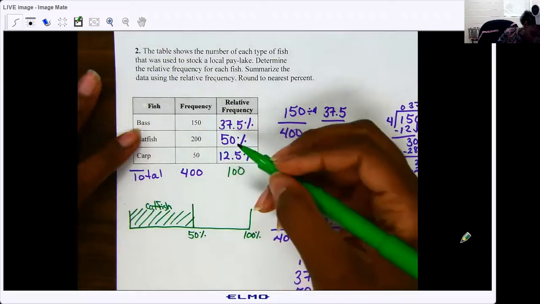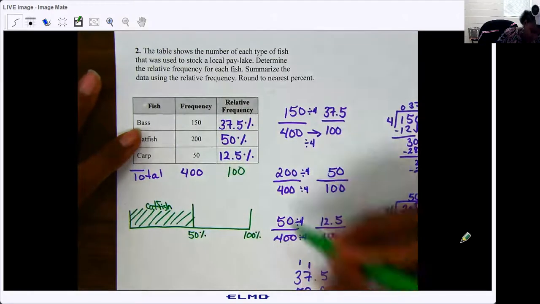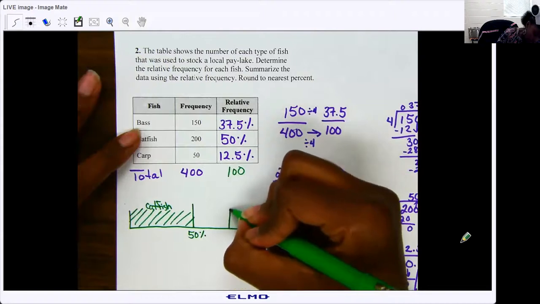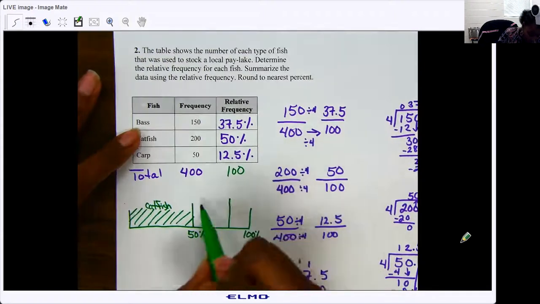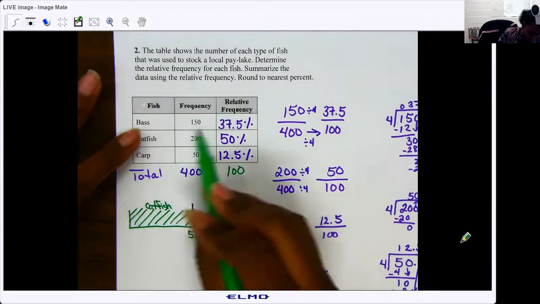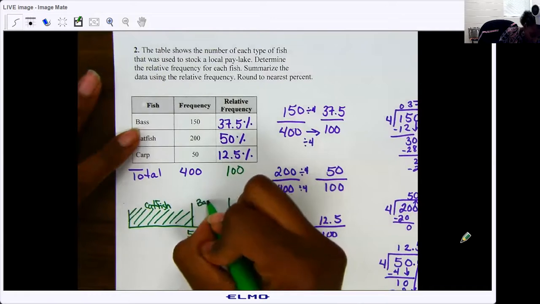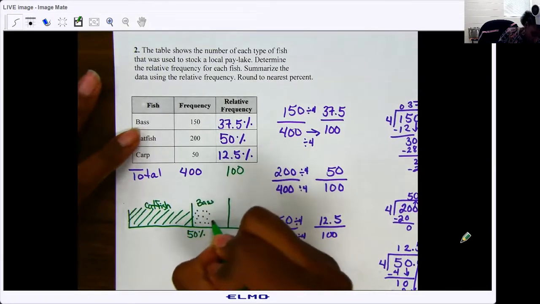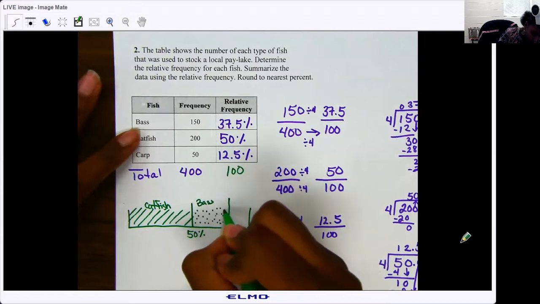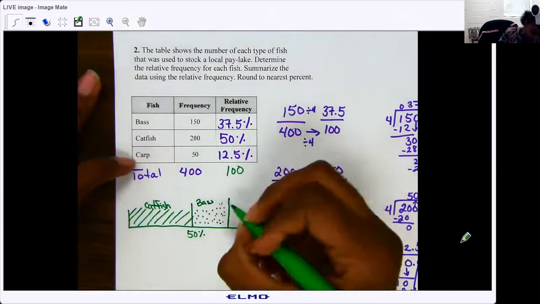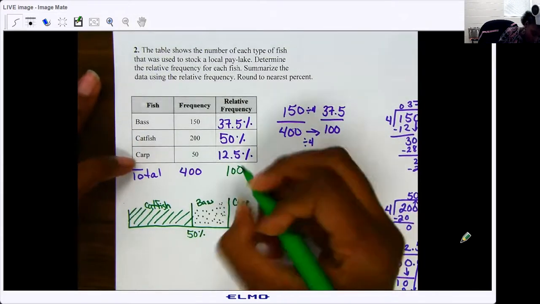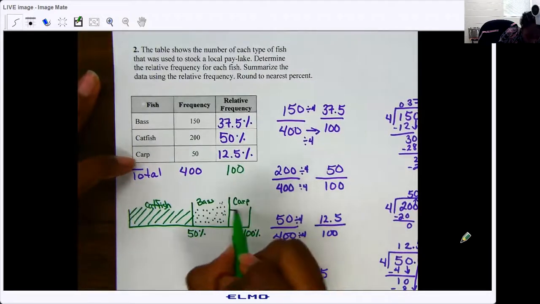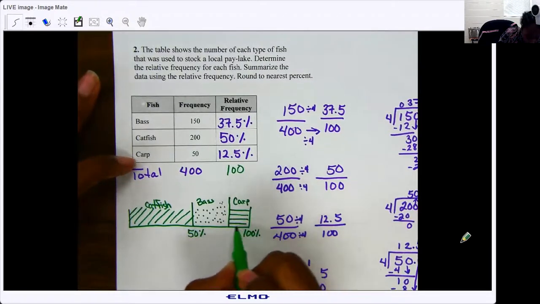So if I add that together, we get 87.5. And this is all up to you how far you go. I'm going to say right here is where my bass is going to go. Bass, and I'm going to do dots for my bass. And then the rest of this is carp, 12.5%, which will take me to my 100. And I'm going to do diagonal lines, okay?